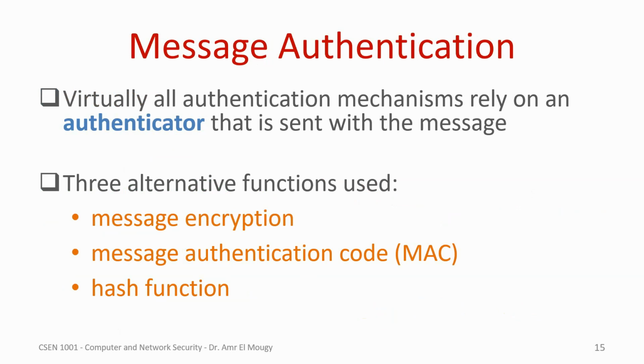Okay, so we now go into message authentication. Message authentication is typically done based on something called an authenticator. Keep in mind that we are doing message authentication so that we are able to protect the integrity of a message. We are able to protect the content of a message that is sent from sender to receiver.